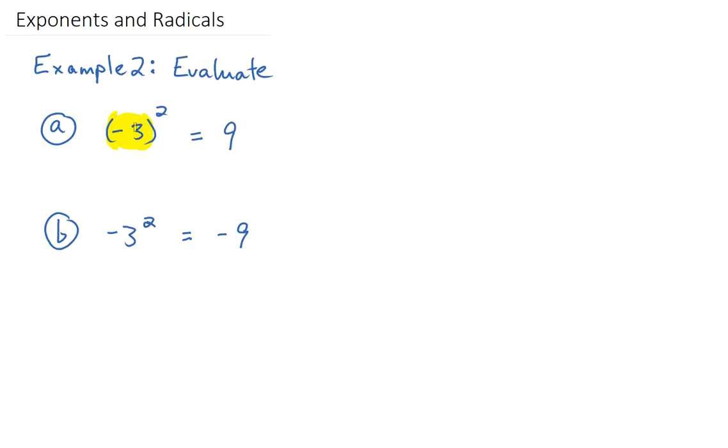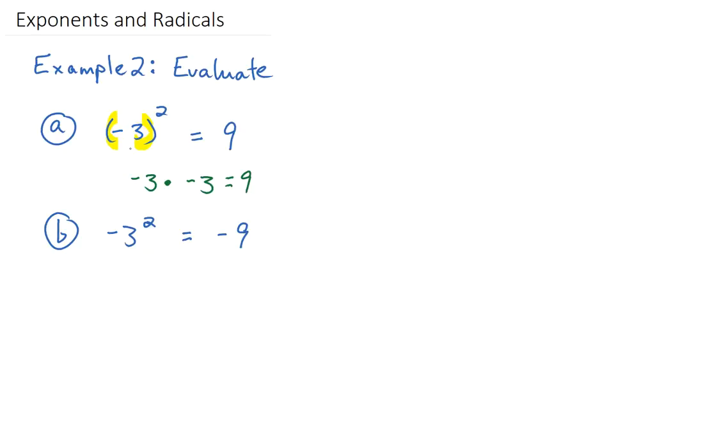That's what our exponent's telling us to do. So this is saying we need to take a negative 3 times a negative 3. Well, a negative times a negative is a positive, and since 3 times 3 is 9, we get a positive 9. So that's why it's coming out to be a positive 9, and that's what most people want it to be. So that's not the problem.